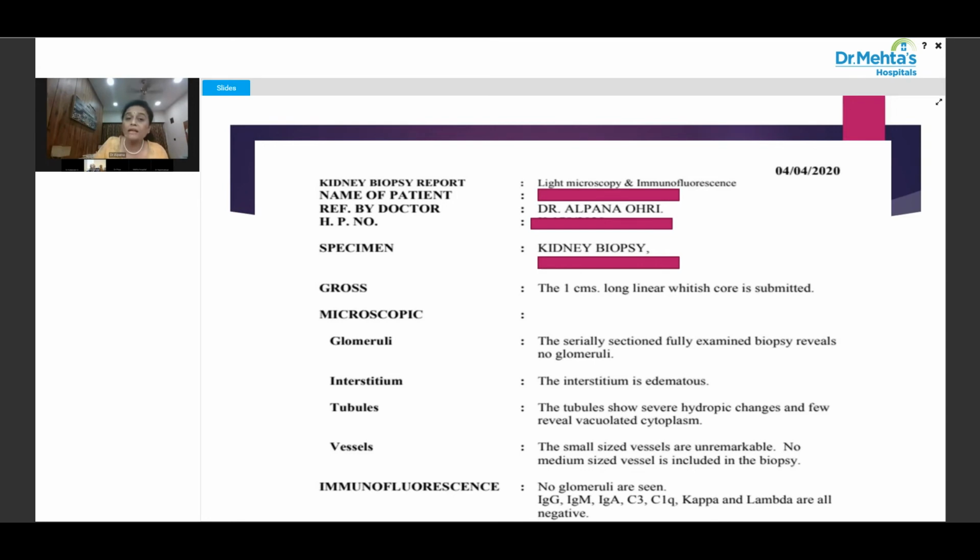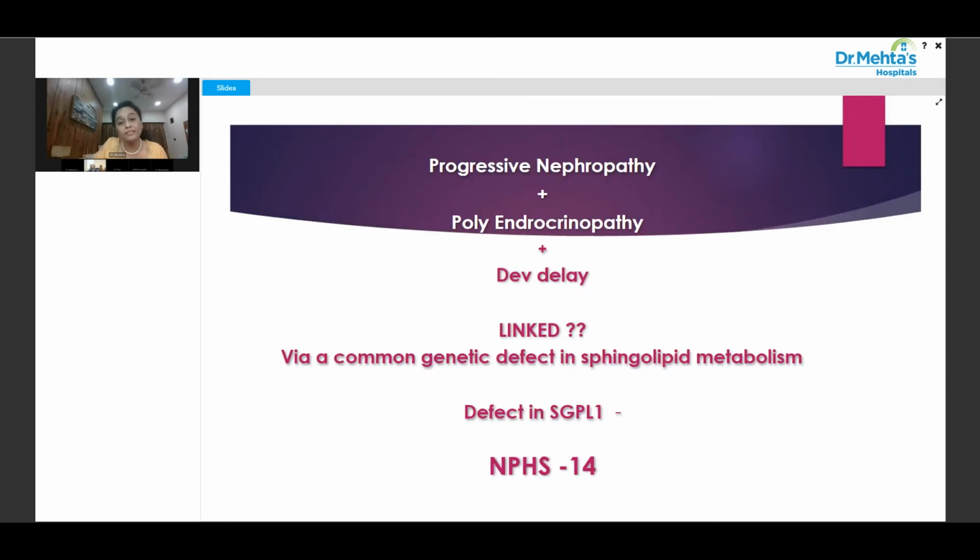We now had a child who actually had a progressive nephropathy with a polyendocrinopathy and developmental delay. Since we had already seen a similar case, but had not done genetics earlier, I was pretty much convinced that the child had SGPL1 mutation leading to nephrotic syndrome type 14.